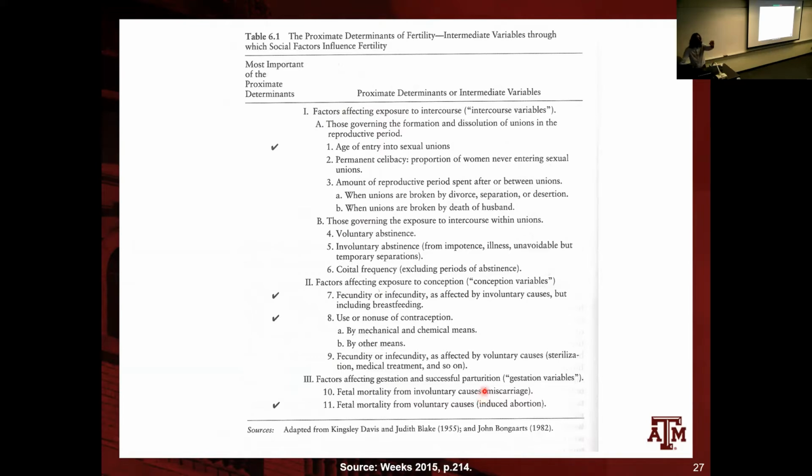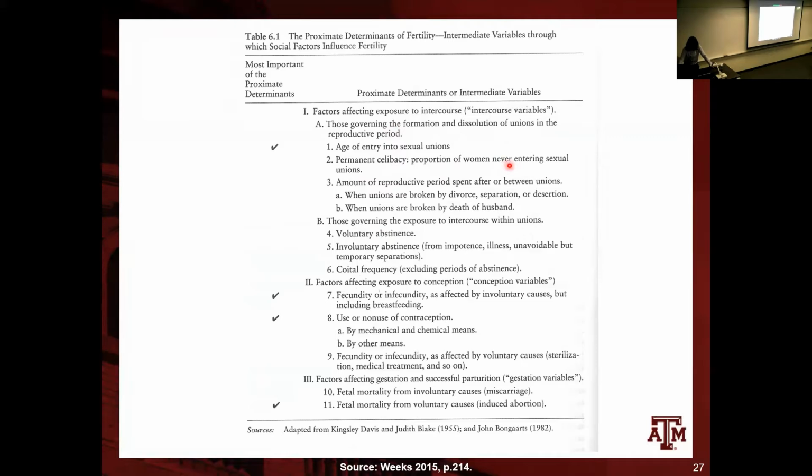What are exactly the variables that we can estimate for each one of these countries over time? Related to intercourse, we can subdivide them: those governing the formation and dissolution of unions, and those governing the exposure to intercourse within unions. So what's the average age at which women enter or start having sexual unions, getting married?